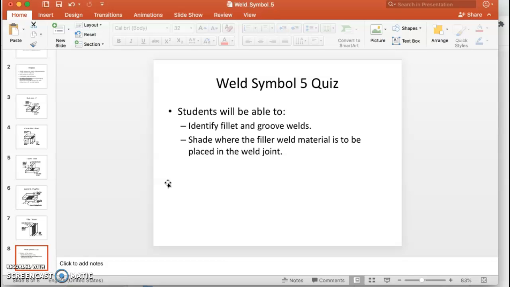My strong recommendation is to review the welds we just talked about today, as well as reviewing your welding symbols from Unit 2, the basic ones, and also in Unit 3 the groove welding symbols. That's what you're going to be asked to locate and identify.